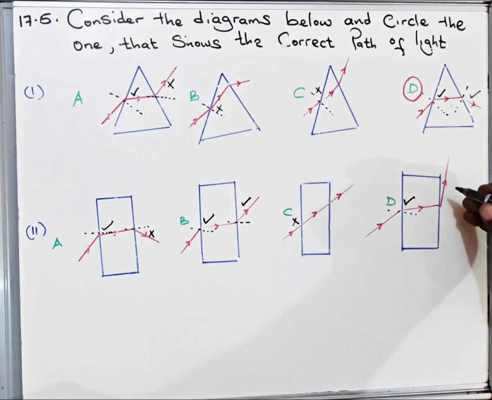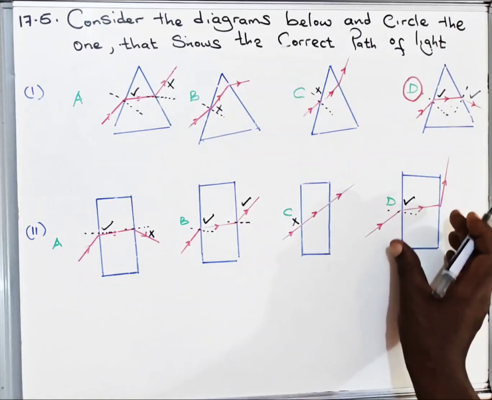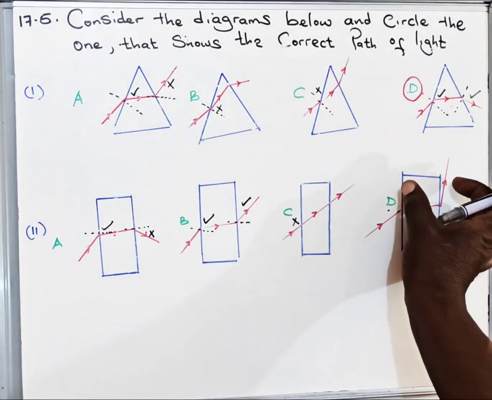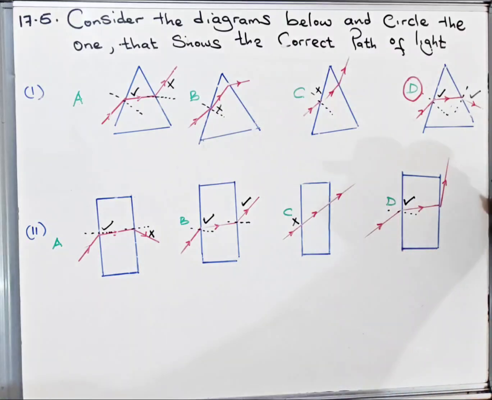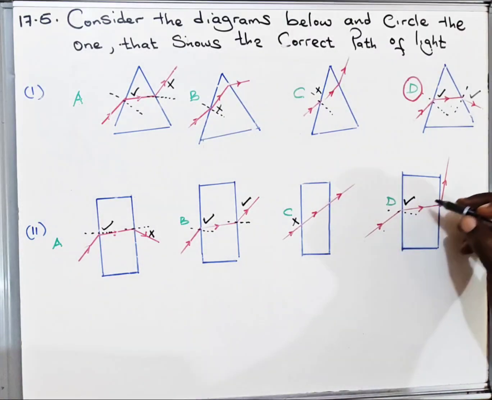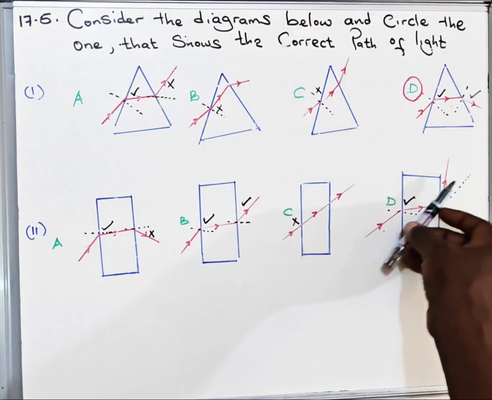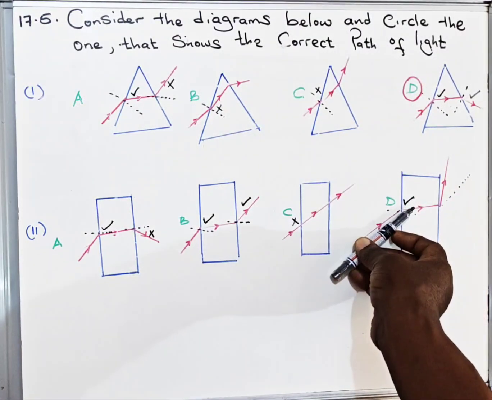When the ray is coming from a medium with parallel sides, it is supposed to be parallel to the first one. So we're expecting this one to be around here, parallel to the one which is incident on the glass slab.